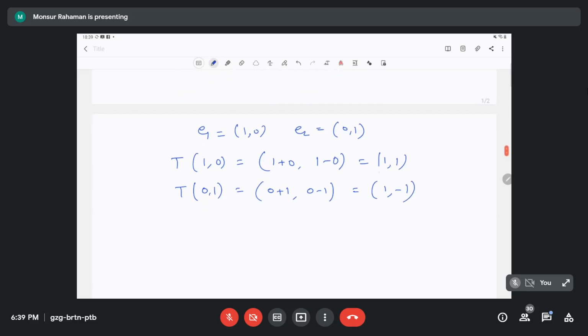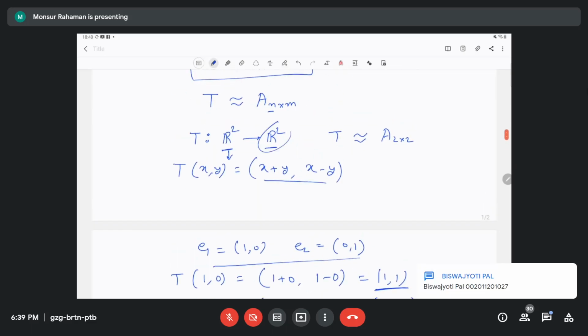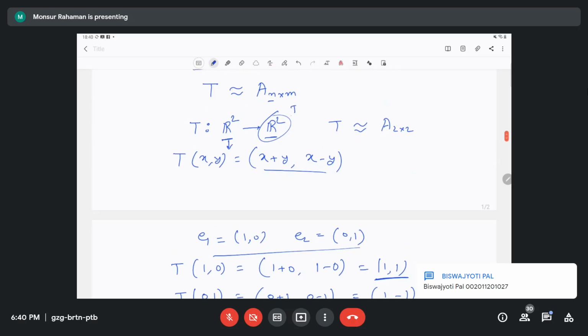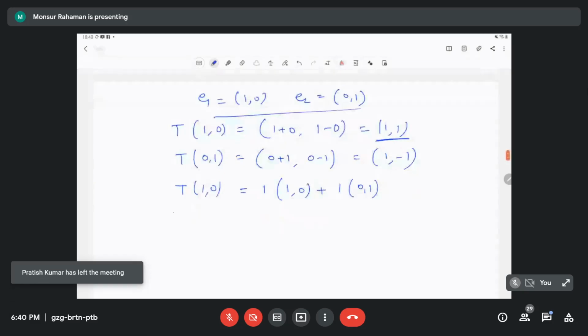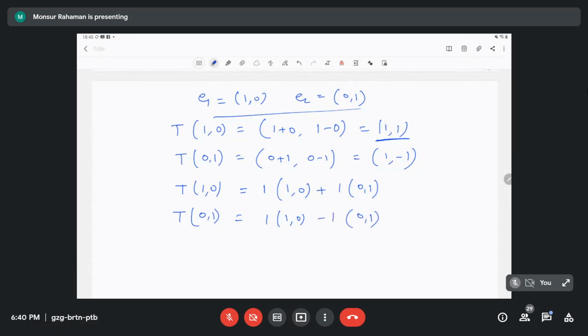Now you have to represent this vector in terms of the basis vectors in R2 image. This is the image part. So in the image vector space, you have to express it. So it is 1 1. This vector T(1,0) can be expressed as 1 times (1,0) plus 1 times (0,1), and T(0,1) will be expressed as 1 times (1,0), or not plus, minus 1 times (0,1).